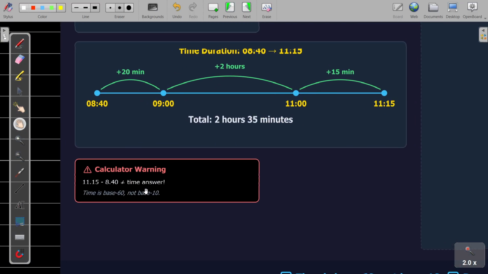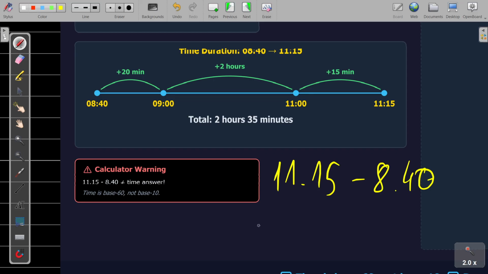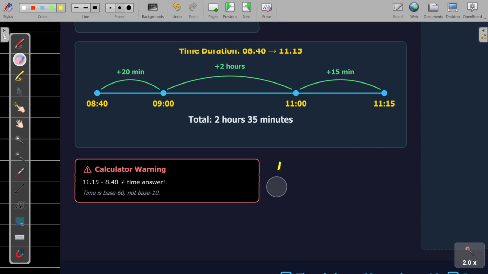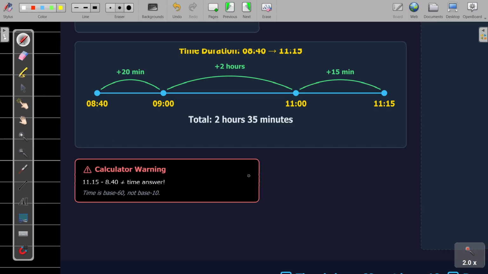If you try to do normal subtraction, something like 11.15 minus 8.40, your calculator will treat it as a normal base 10 decimal and give you a completely wrong answer. You don't want to do this. Please do not. There are not 100 minutes in an hour, but there are 60. There are 60 minutes in an hour.